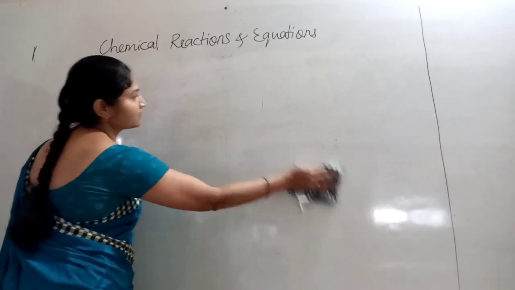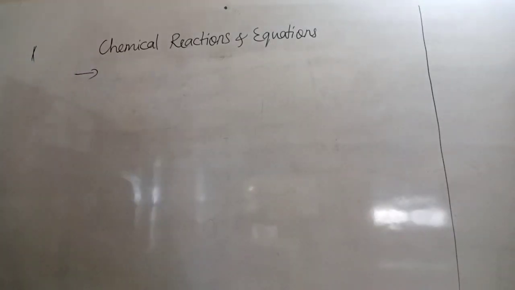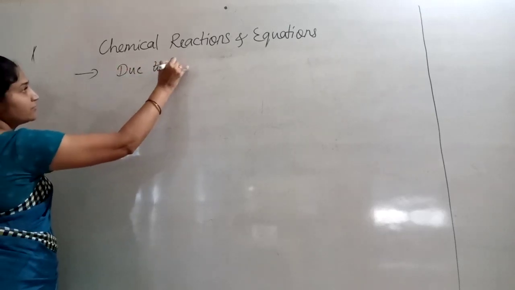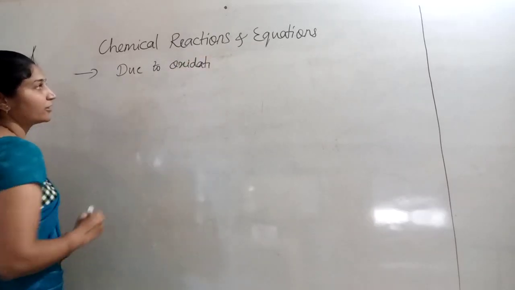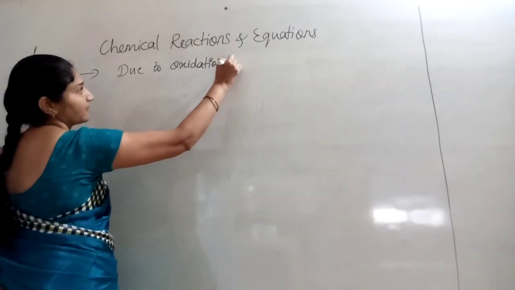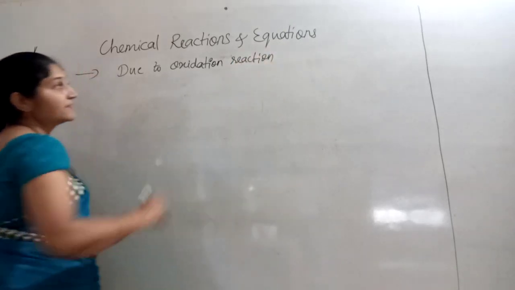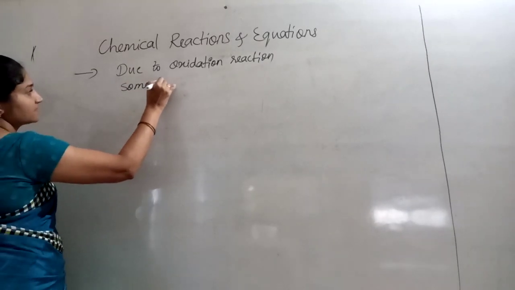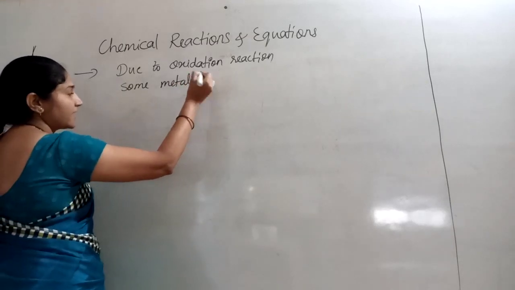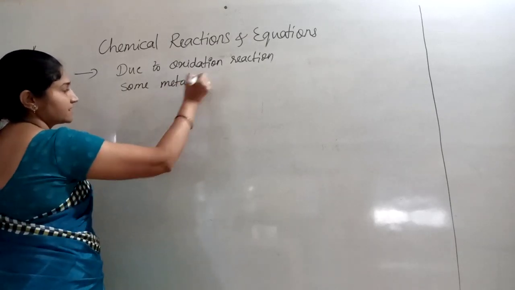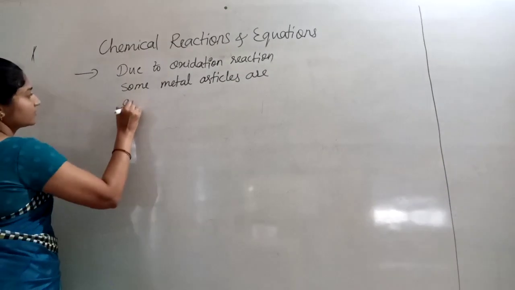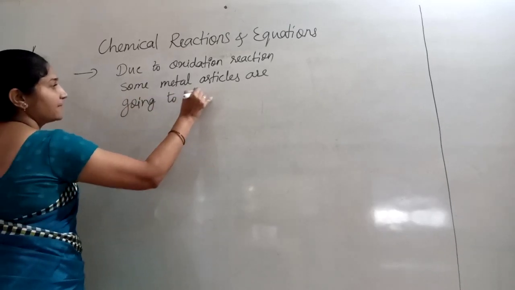Why do they spoil, and what do we call those processes? Okay, due to the oxidation reaction, some metal articles are going to be damaged.